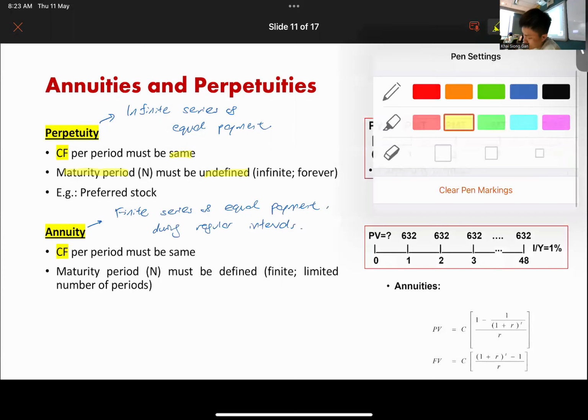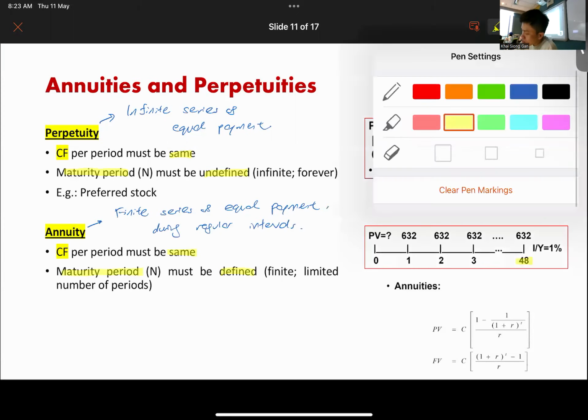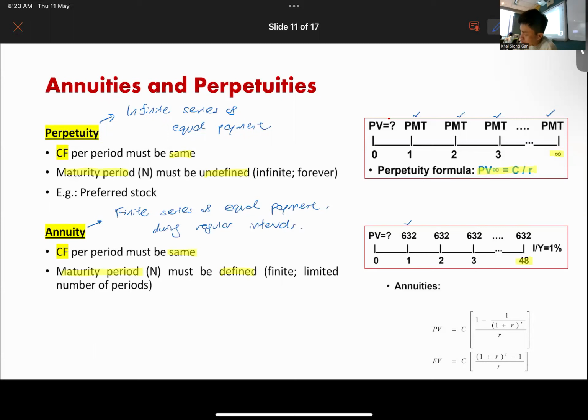Again, keywords, cash flow must be the same. The difference now is that the maturity period is defined, not forever. Here you can see it's up to 48 years, for example. So one thing you need to recognize is the cash flow is the same.